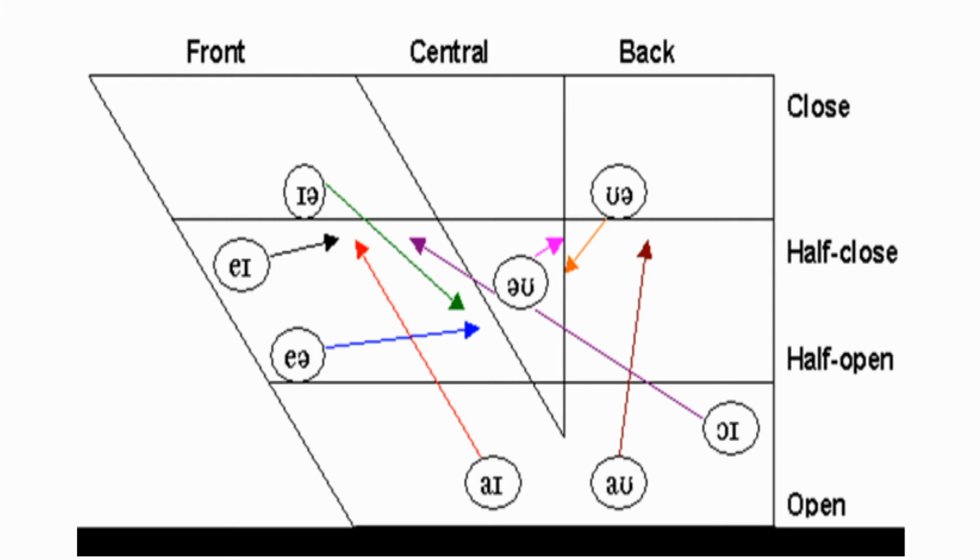The second cluster is gliding towards U. Here we have 2 diphthongs: ow and ow. And the last cluster, cluster 3, has 3 diphthongs gliding towards A. They are Ea, Ua, Ea.